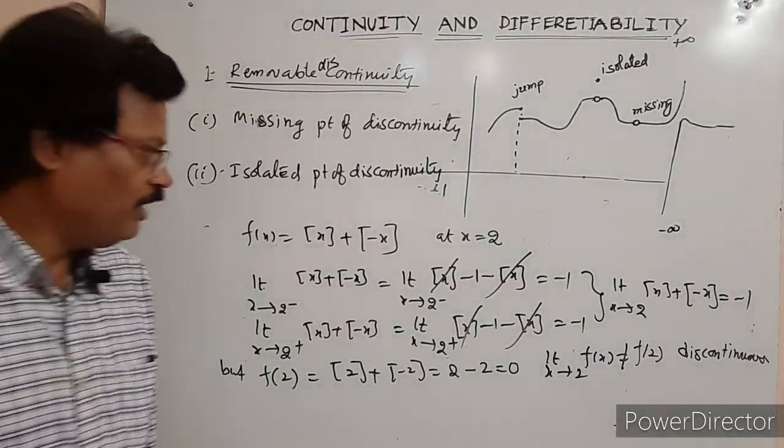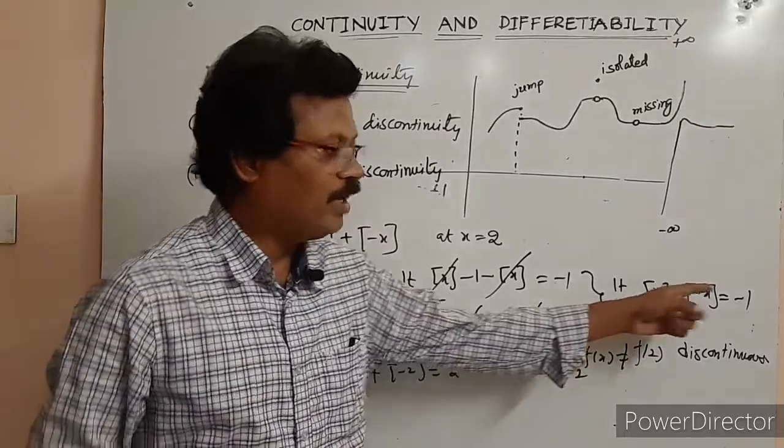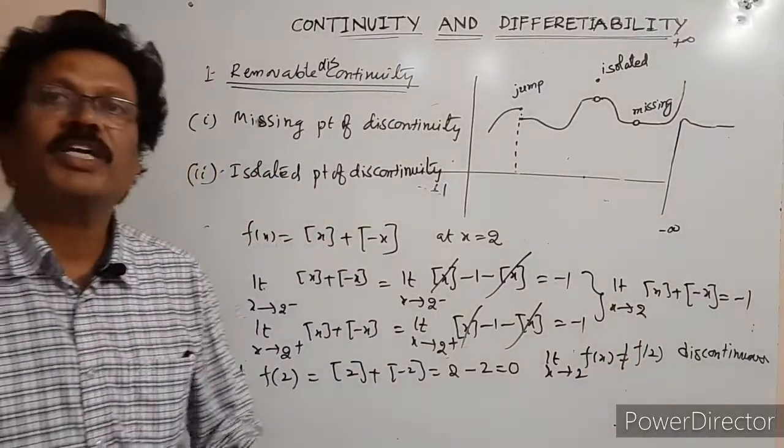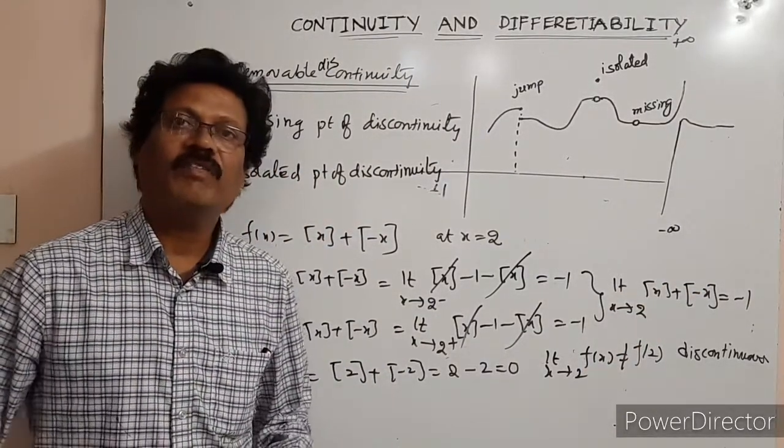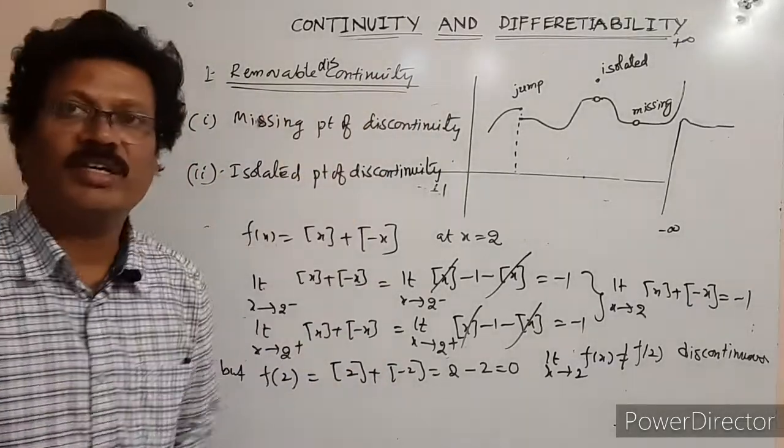Now if we redefine f of 2 to be minus 1, then that function becomes continuous. Therefore we can remove the discontinuity, called removal discontinuity.